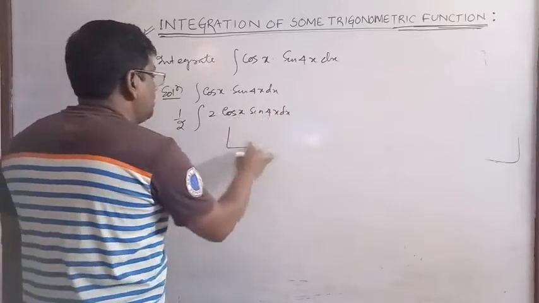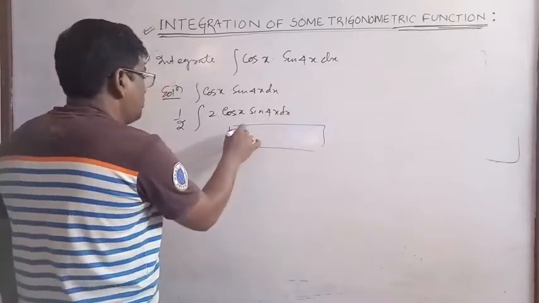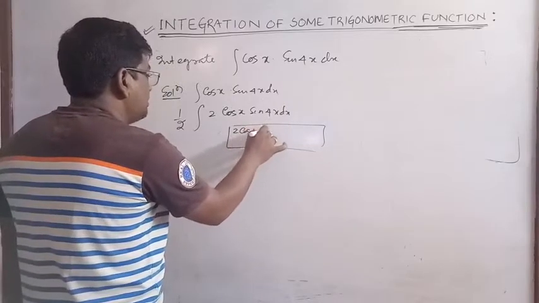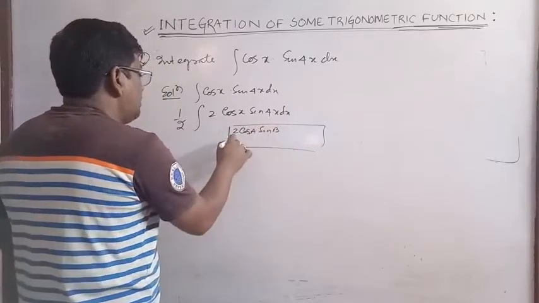Which formula is used here? 2 cos A sin B, that is equal to what?